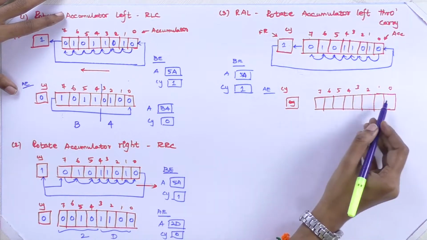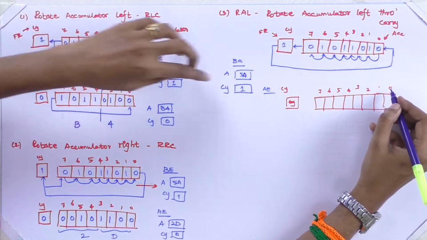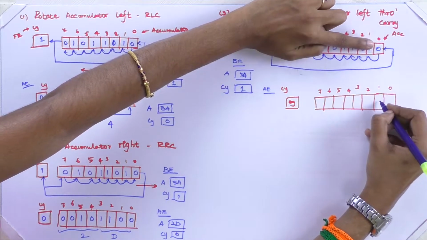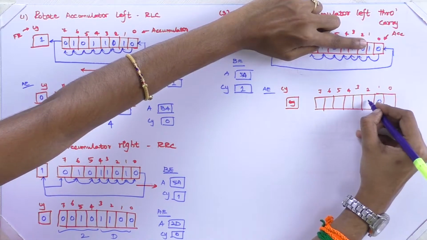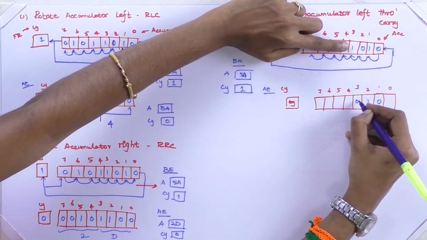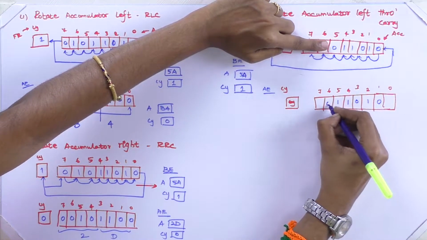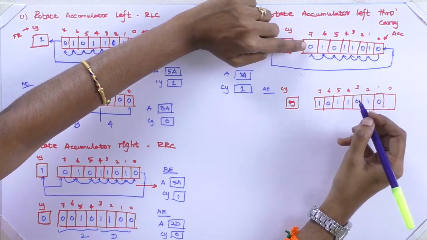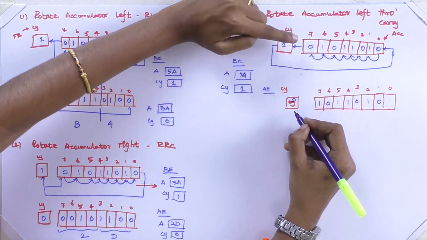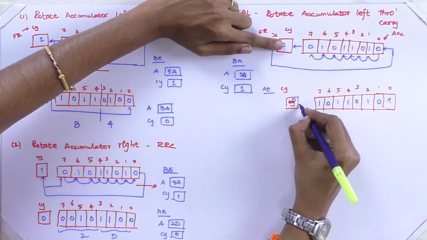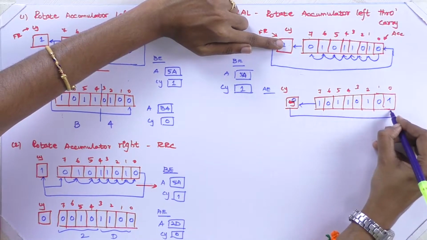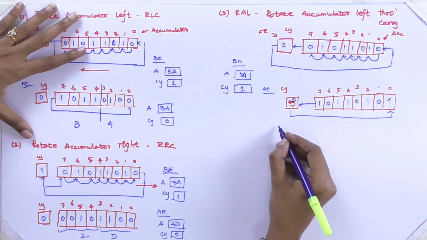We are going to rotate left through carry. The bit value 0 is given to 1, 1 is given to 2, 2 is given to 3, 3 is given to 4, 4 is given to 5, 5 is given to 6, 6 is given to 7 and 7 is given to carry, and the carry value is given to the 0th bit. So what's the value?